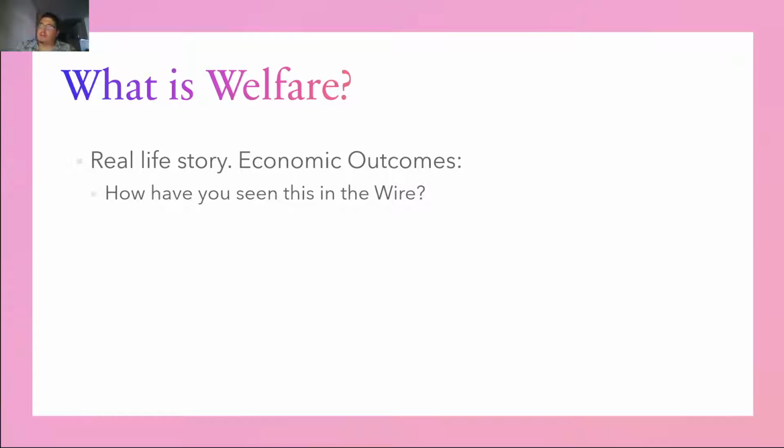But first, we're going to talk about this a little bit in The Wire. How have you seen this restriction in opportunity manifest itself in the first 2 episodes of The Wire? We're going to have a lot to say about The Wire coming up. But in this case, you've seen these economic outcomes, these poor living conditions, manifest themselves in the housing projects where the characters in the drug cartel, the Barksdale crew, primarily live.